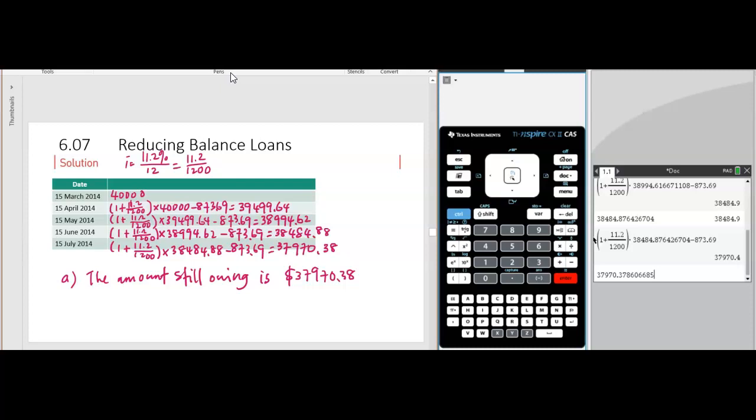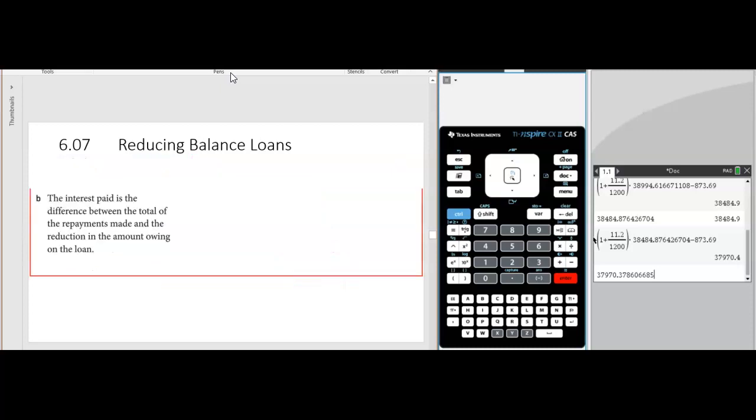So in this case, your total repayment for the period equals 4 times 873.69.